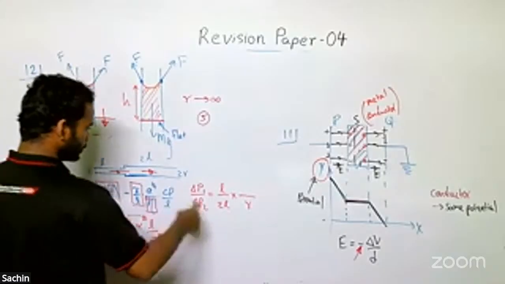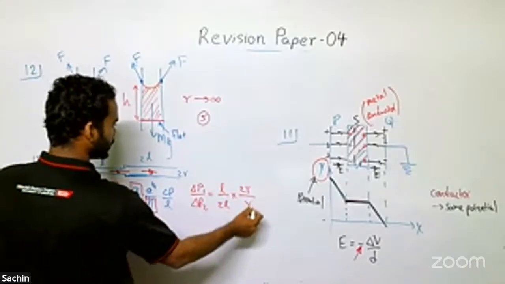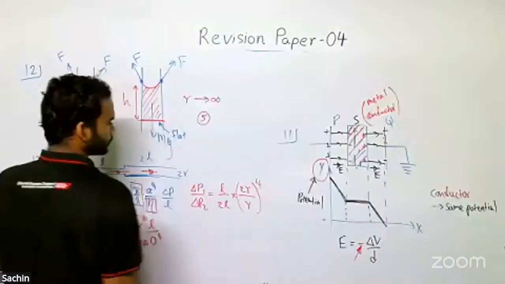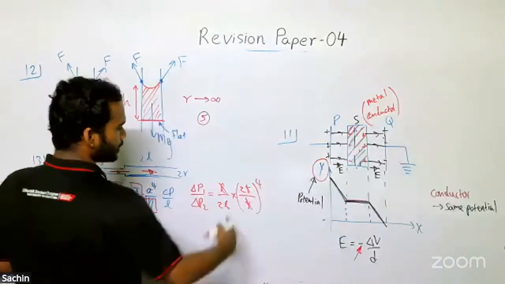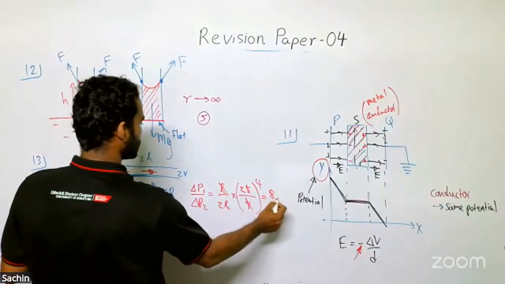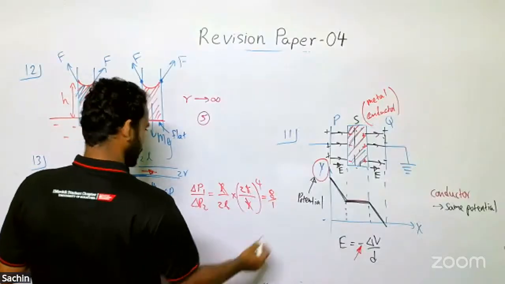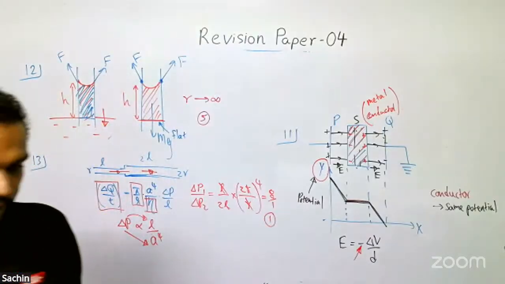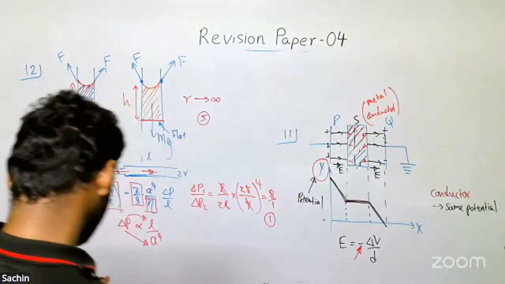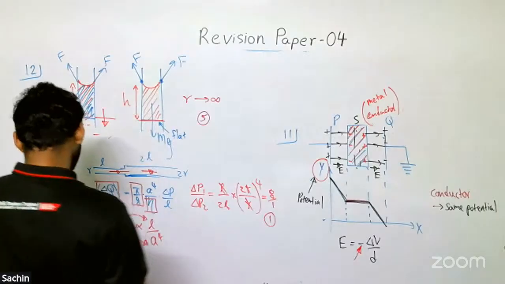For the delta P2, the appropriate radius should be in the numerator, that is (2R) to the power 4. So L gets cancelled, R gets cancelled. 16 divided by 2 is 8. So the ratio should be 8, that is given in the first option. Again an easy one. In the 14th.